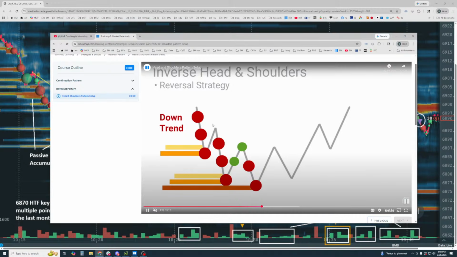Instead of going off here or here, it made kind of an equal high, but there's still some more selling. This is where you typically see the shift from passive to aggressive, all buying. This happens a lot.